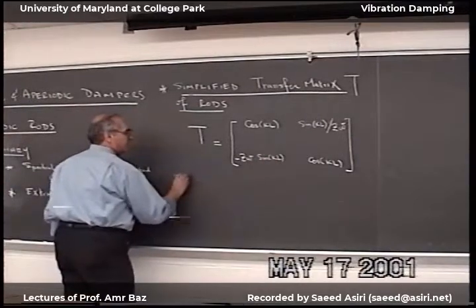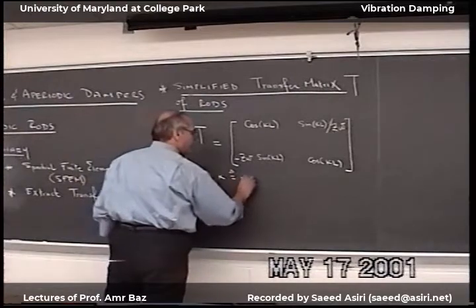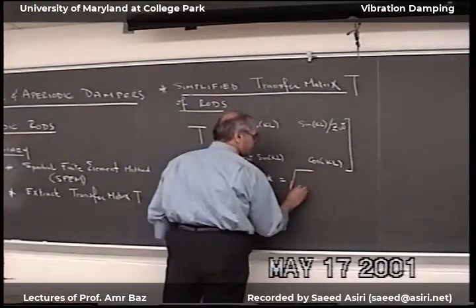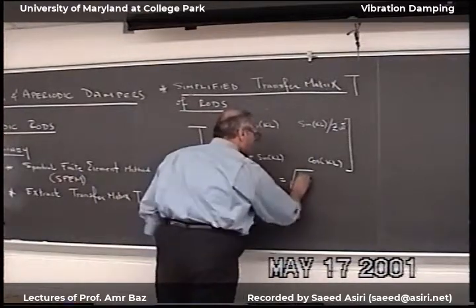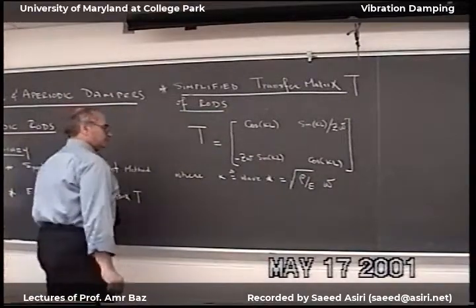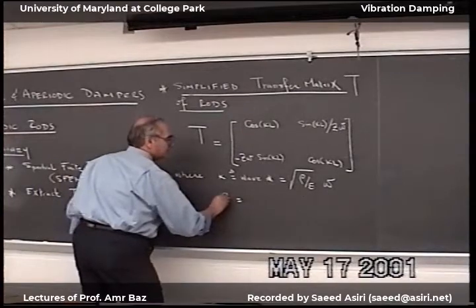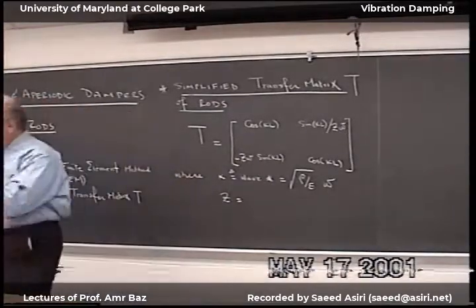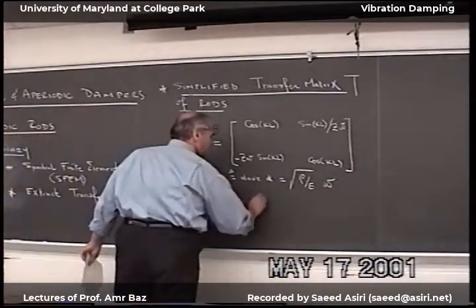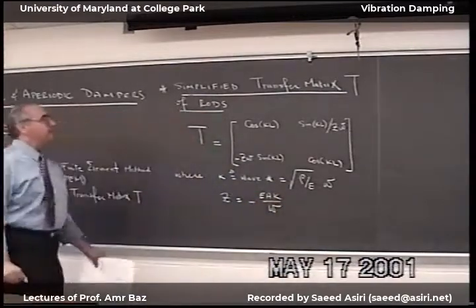And here K is the wave number, and this is the square root of rho over E, and omega, and was minus E AK over omega.